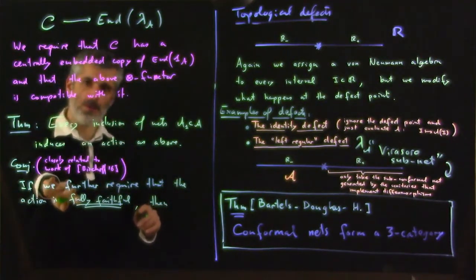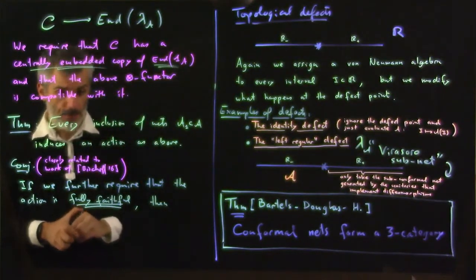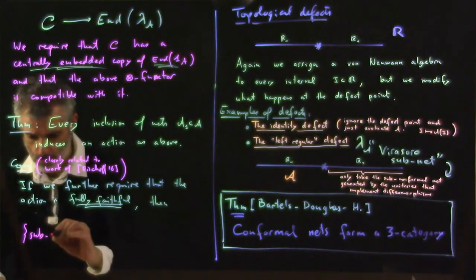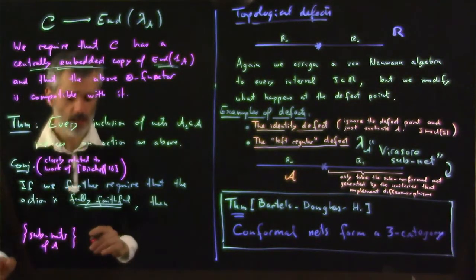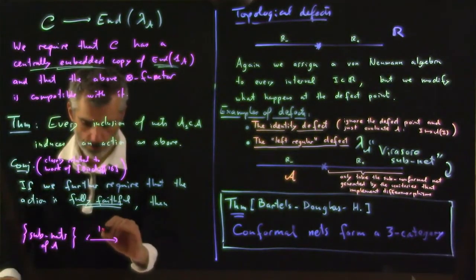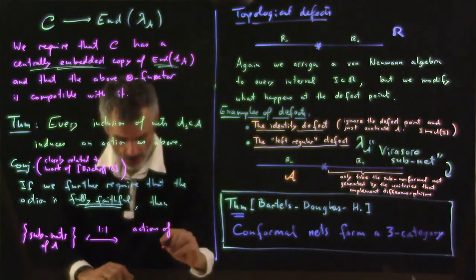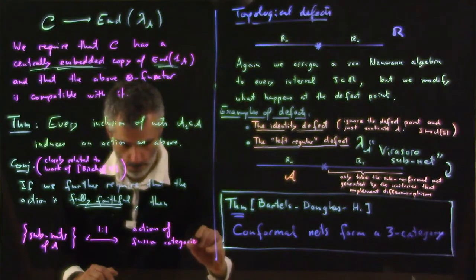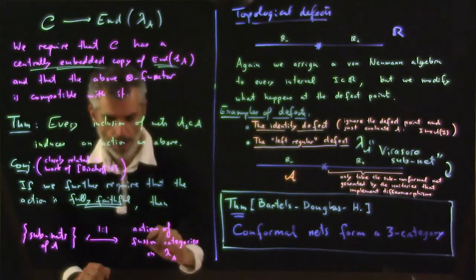So if we require that, and we have this centrally embedded copy of NA, then there should be a bijective correspondence between subnets of A. So I fix a conformal net A and look at sub-conformal nets of A, and actions of fusion categories on lambda A as above.